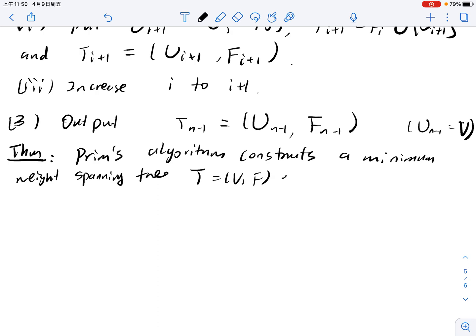Here the spanning tree part is clear because it's a special case of the general algorithm we stated at the very beginning of last lecture. It's clear that T is a spanning tree.